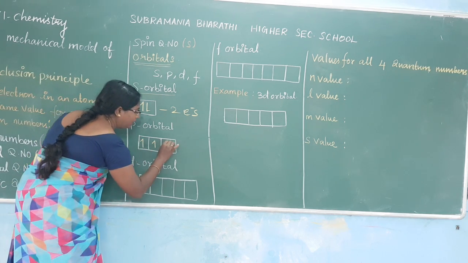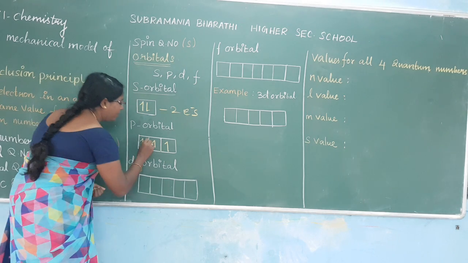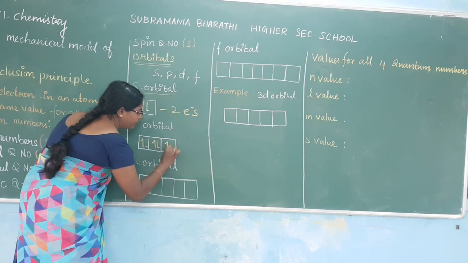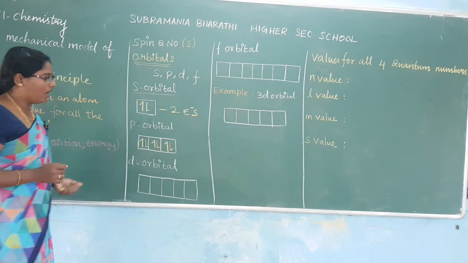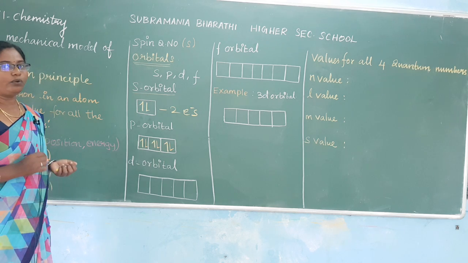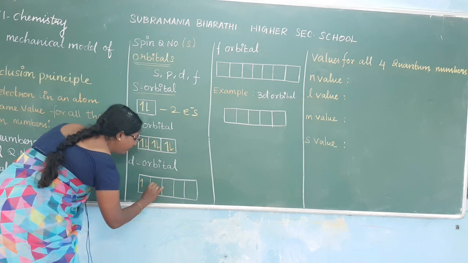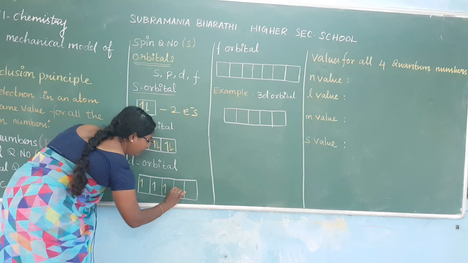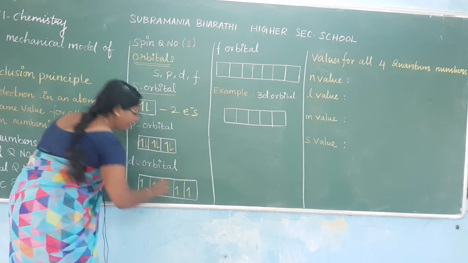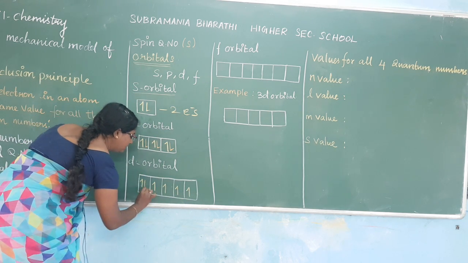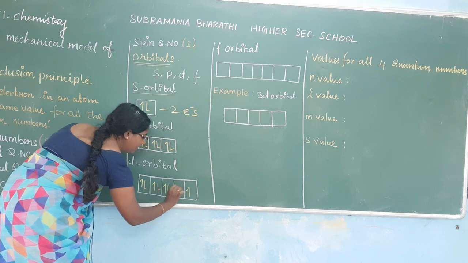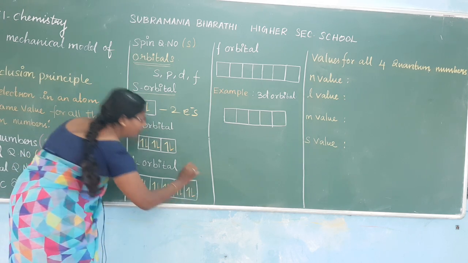1, 2, 3, 4, 5, 6. In the D orbital, a total of 10 electrons can be accommodated. Let me write the electrons: 1, 2, 3, 4, 5, 6, 7, 8, 9, 10.